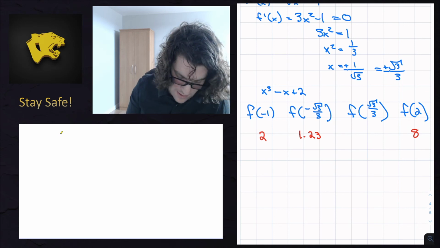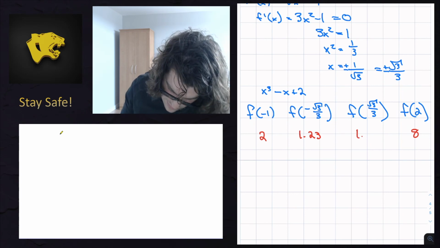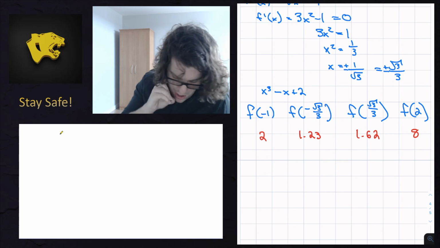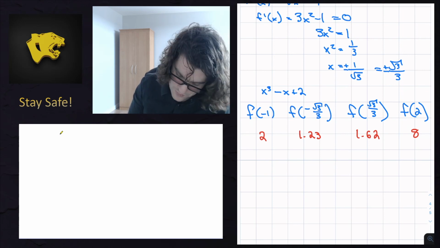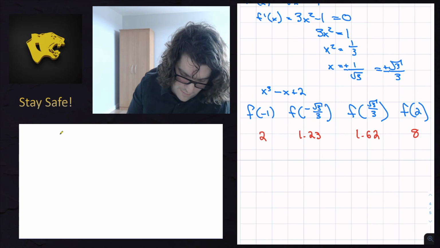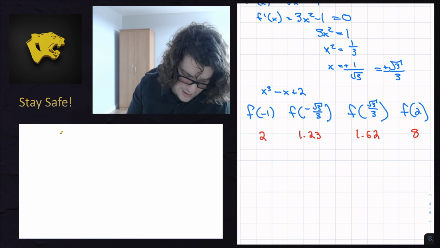So for the other one, I get root 3 over 3 cubed minus root 3 over 3 plus 2. So 1.62-ish. I'm going to just do that last one more time, even though it's a waste of my video, but that's fine. So root 3 over 3 now to the power of 3, and then it's plus root 3 over 3 plus 2.